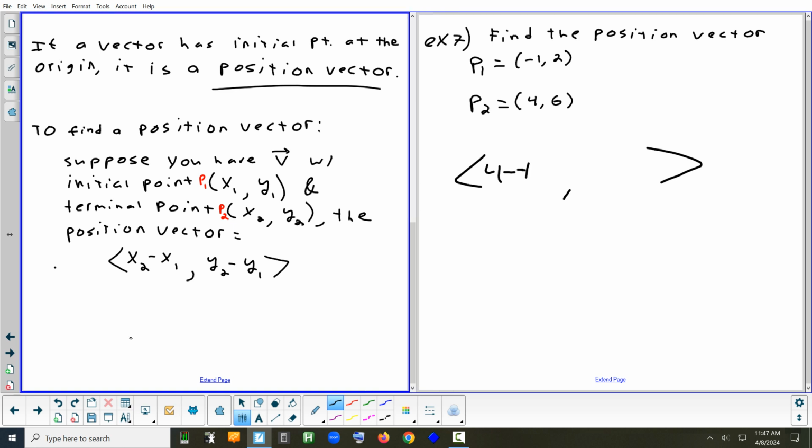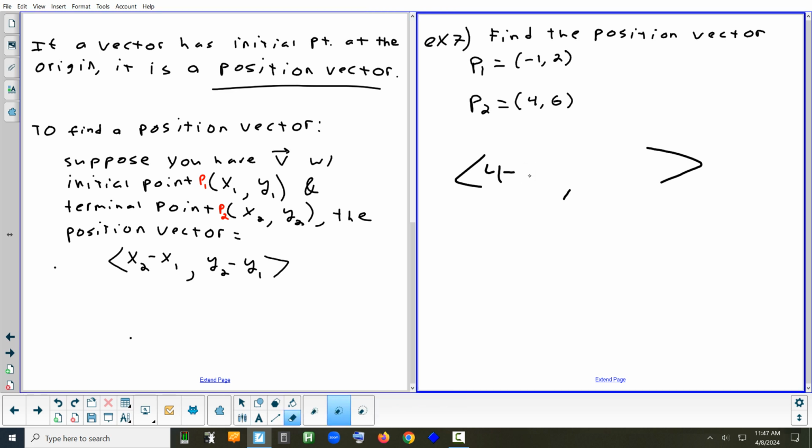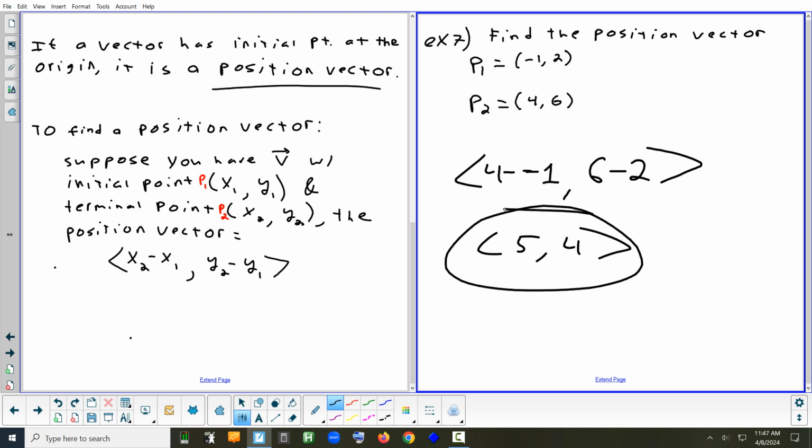And can someone else give me the calculation for the vertical? Yeah. 6 minus 2. Okay, so the final answer for the vector? 5, 4.